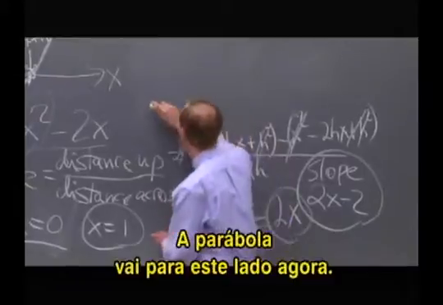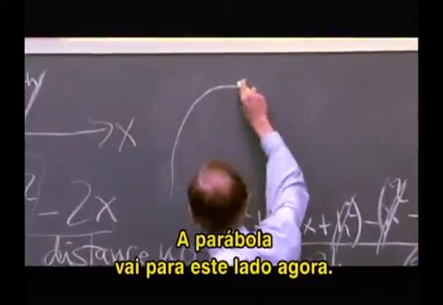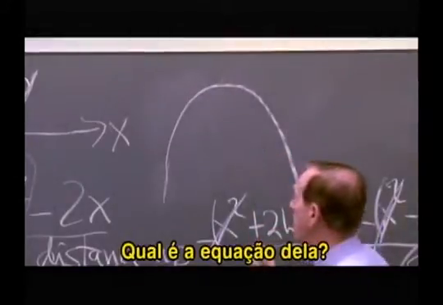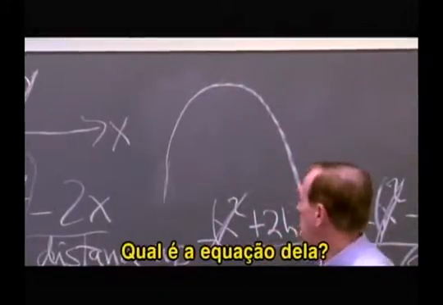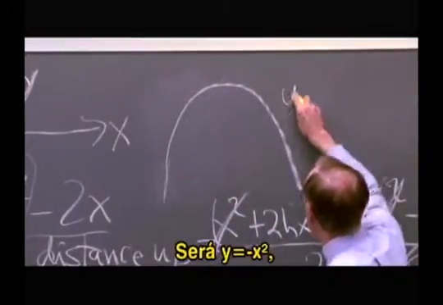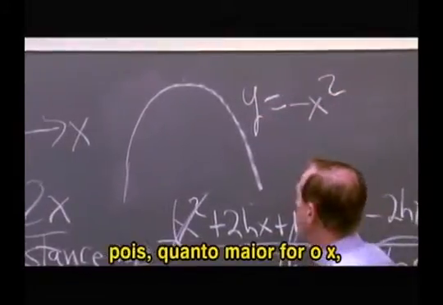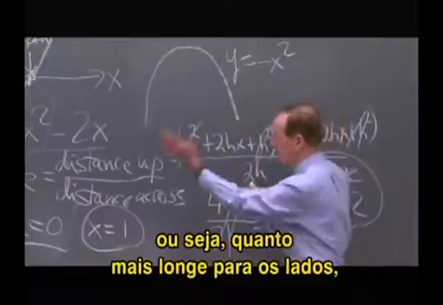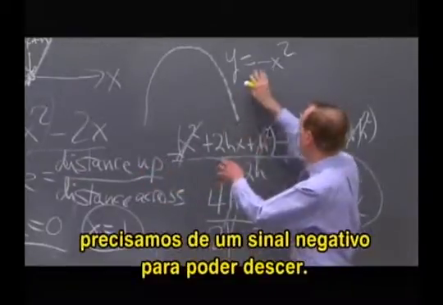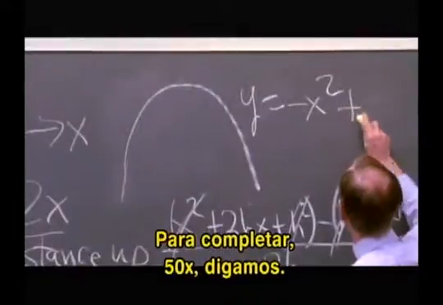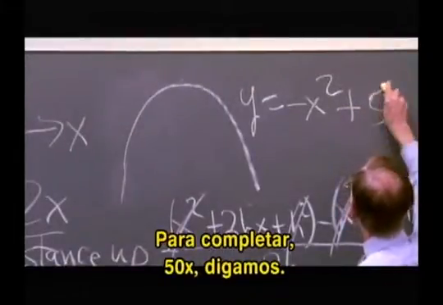Here you go. This is now one that goes this way. What will be the equation for that? Y will be minus x squared, because as x increases, big to the left, big to the right, we need a minus sign to come downwards, plus, let me say, 50x.